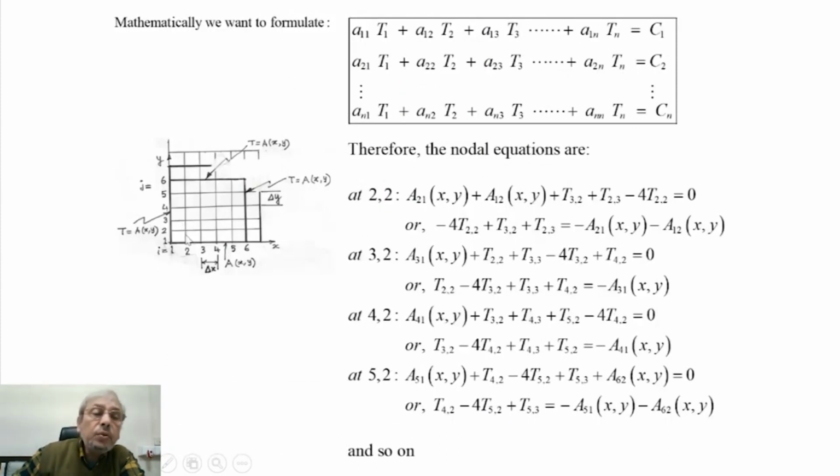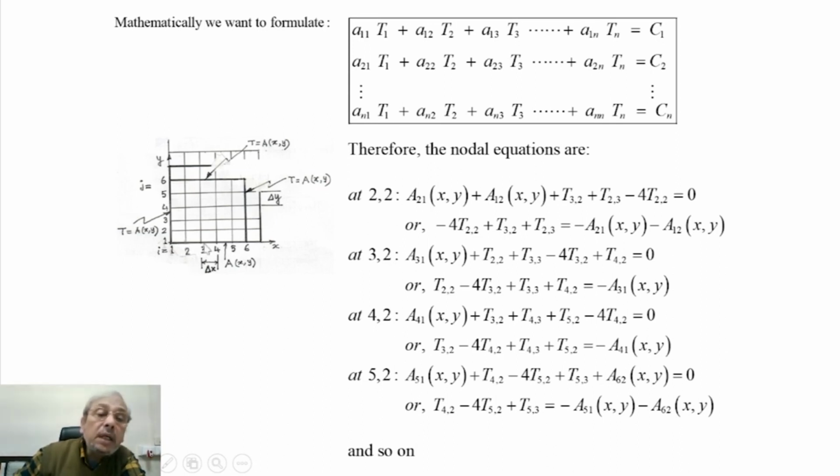For point 2,2, that means this point, we have written a21, where the value is known, plus a12. This is the a12 point, and this is the a21 point.